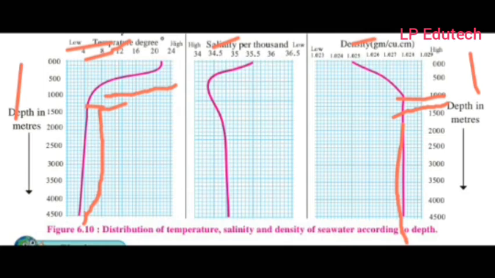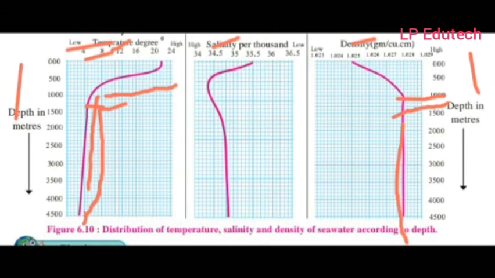So let us try to give an answer for this. With increasing depth, what decreases? Temperature, salinity, or density? See, the temperature and salinity decrease with increasing depth.